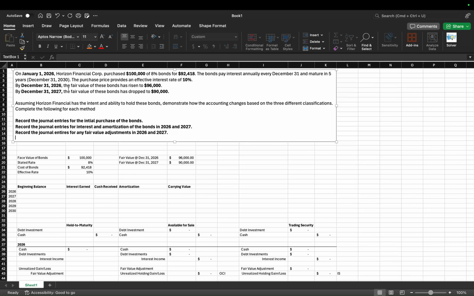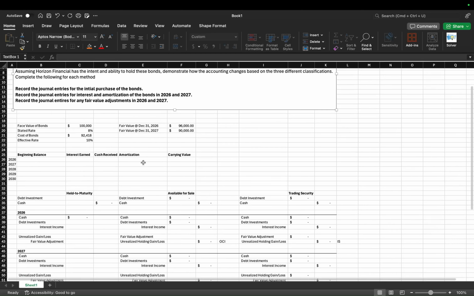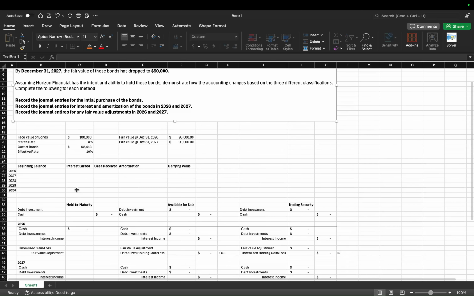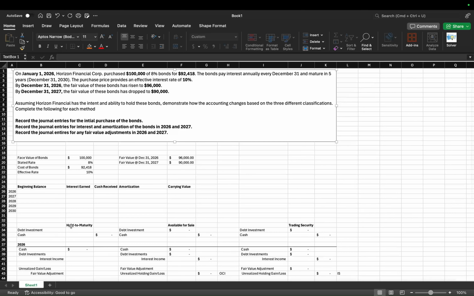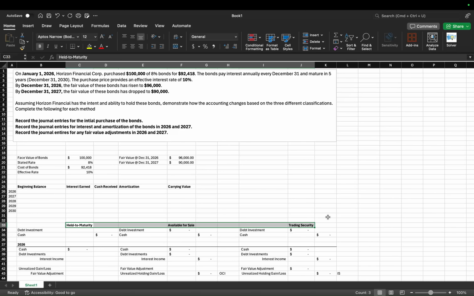On December 31st of 2026, the fair value goes up to 96,000, and then on December 31st, 2027, it drops to 90,000.